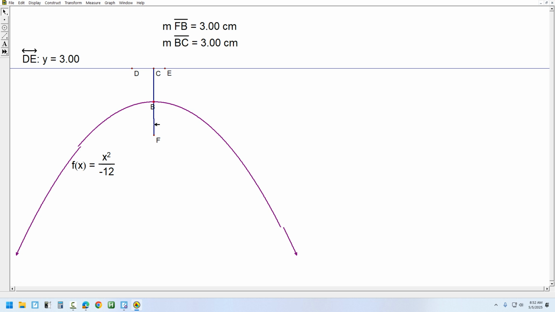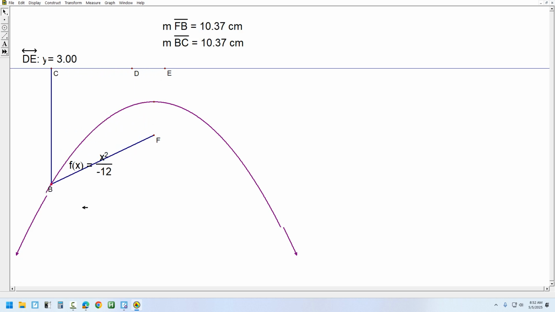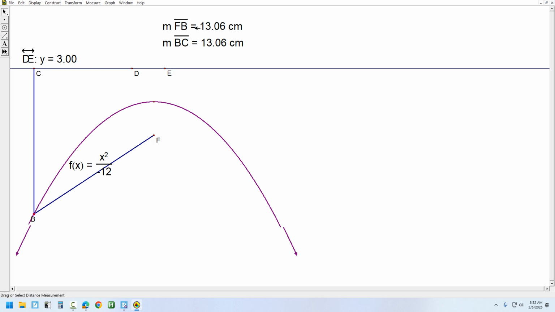Okay, that's the shortest distance right there that you'll ever get. That's 3 units. And then as you start going the other way, you can see from B to F, which is the distance from the point to the focus, and from B to C, that's the point to the line. Those two numbers are always exactly the same number. Okay. So that's the definition of a parabola. Any question about which two distances always stay the same?